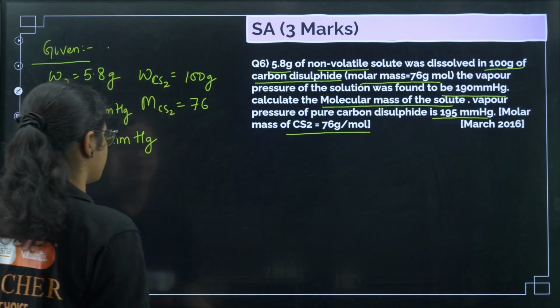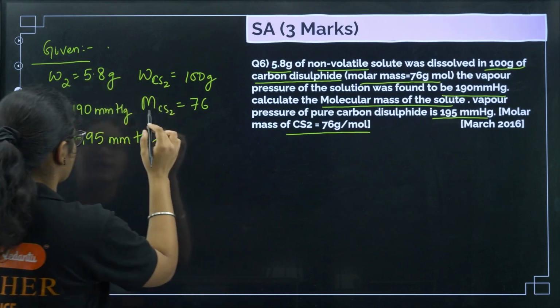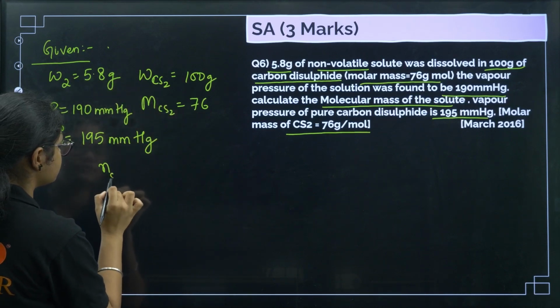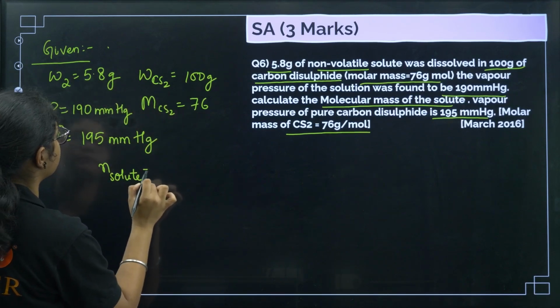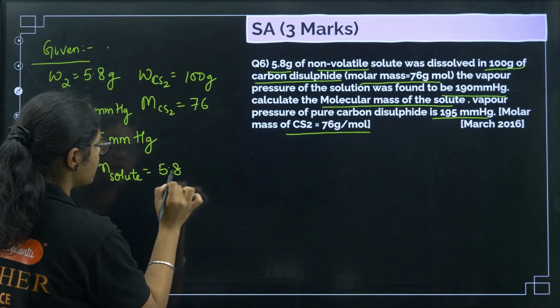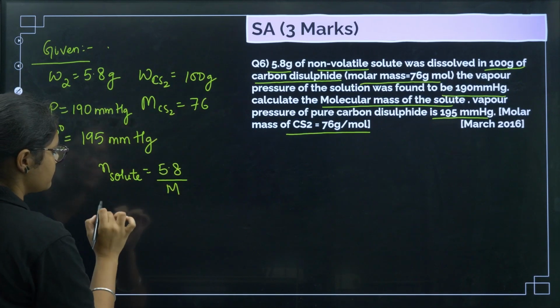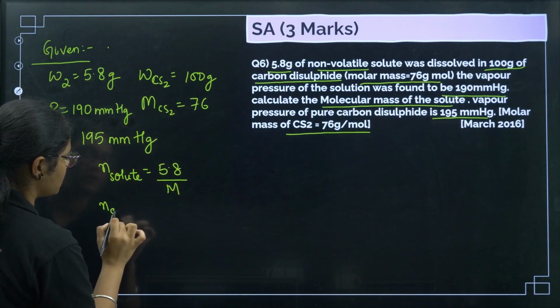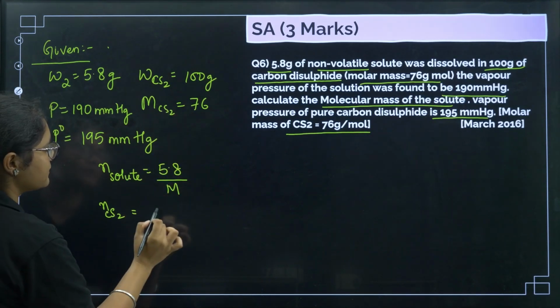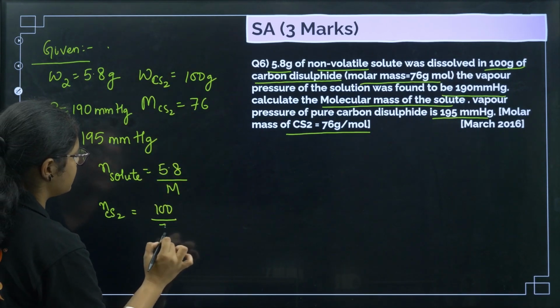Okay, so now again the same question. First you need to calculate the number of moles of solute. Number of moles of solute will be given mass by molar mass, which we need to find. Next, number of moles of CS2 is given mass by molar mass, so 100 by 76.